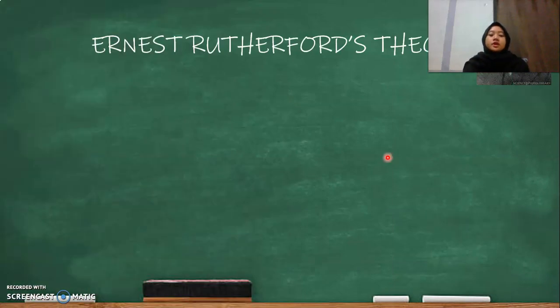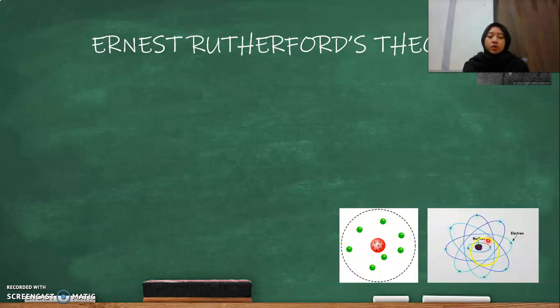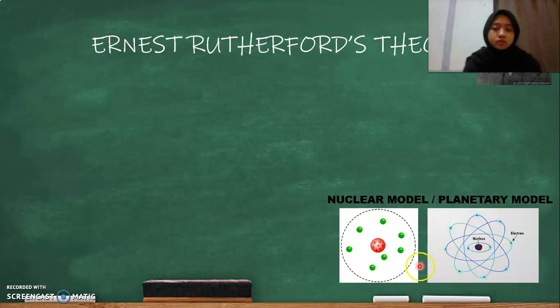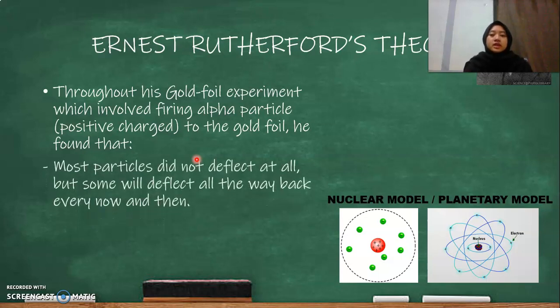So next we have Ernest Rutherford theory. This is the example of his atomic model called the nuclear or planetary model. Through his gold foil experiment, which involved firing alpha particles, which are positively charged, at the gold foil, he found that most particles did not deflect at all, but some would deflect all the way back, one at a time, every now and then.